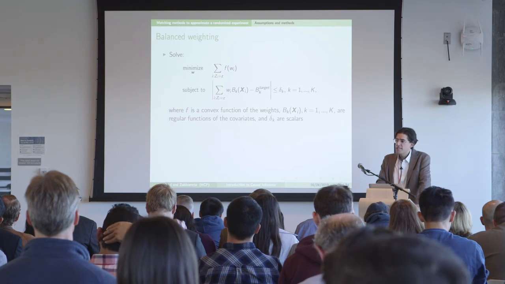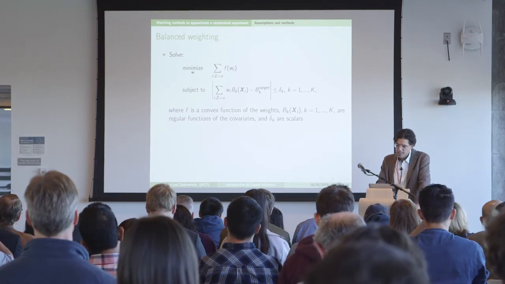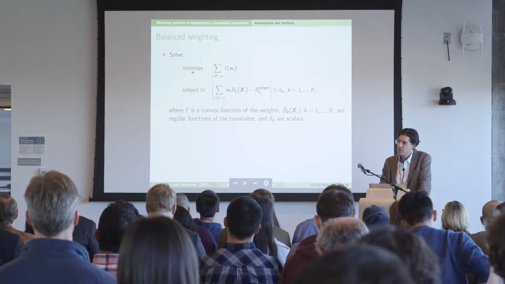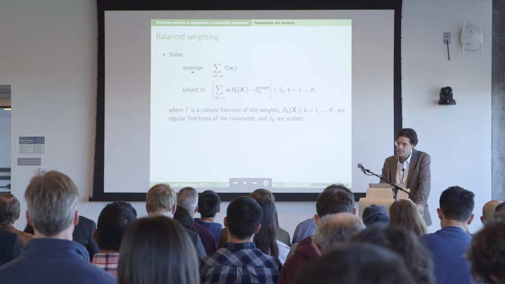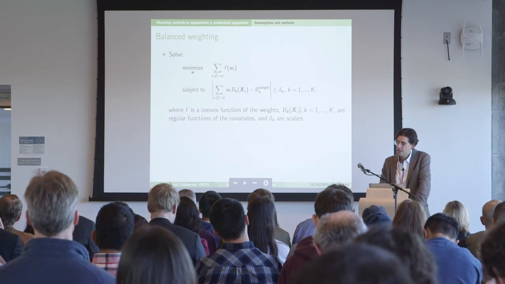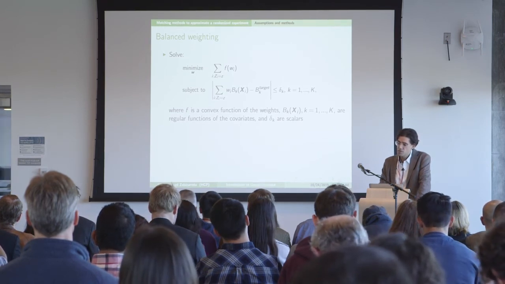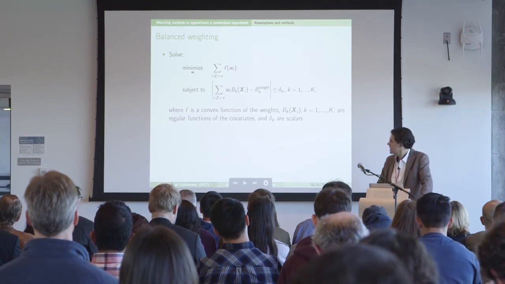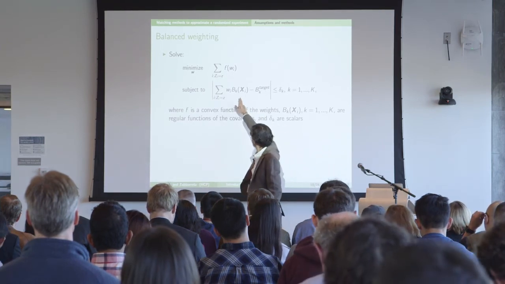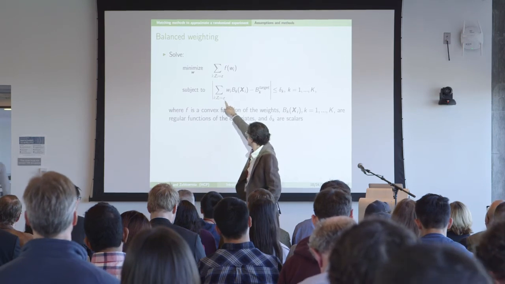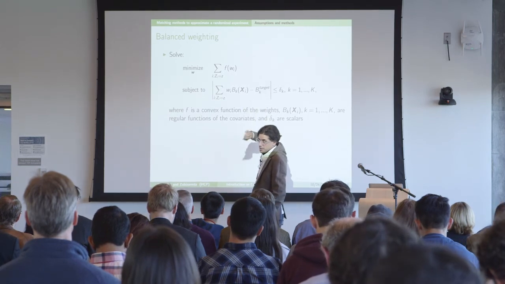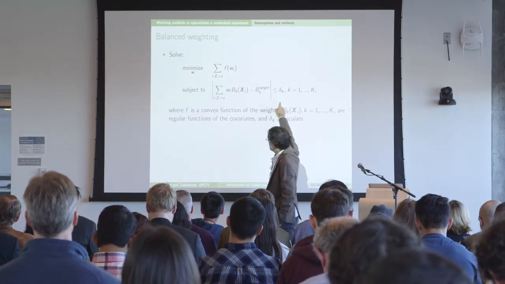So a generalization of this matching procedure that I described are these balancing weights, whereby instead of maximizing the size of the match sample or maximizing the precision of your estimator, here you're minimizing a measure of dispersion of the weights, say the variance, which has a direct impact on the variance of your estimator, subject to balancing constraints that I'm showing here, where we're saying that the weighted average in, say, the control group has to be similar to this target that you are trying to make inferences about up to a level delta.